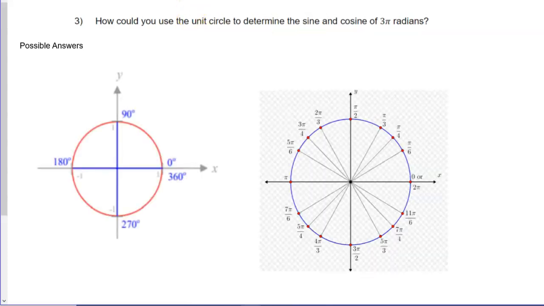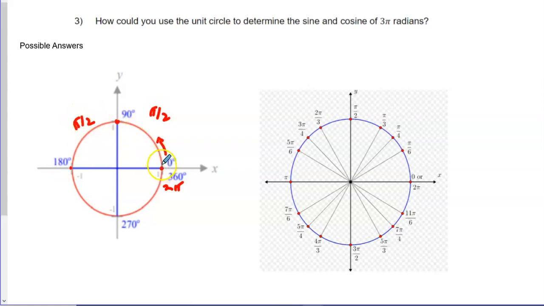Now, you can see that when we go once round this circle, we have 360 degrees or 2 pi. From here to the top is pi on 2. And then from here to there is another pi on 2.